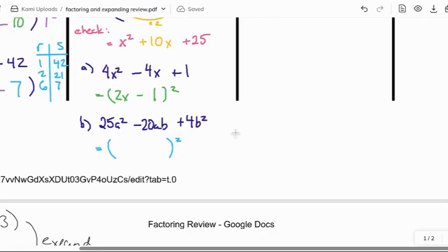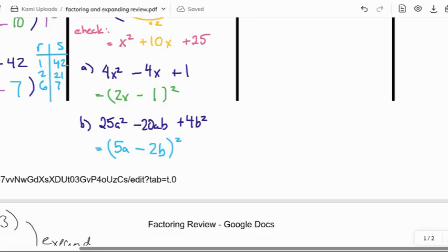I'm looking at this trinomial and I notice I got 25 and 4. Ooh, the first and last term are perfect squares. I wonder if it will work as a binomial squared. Is it a PST is the question. Is it a perfect square trinomial? 4b squared, well, the square root of that is 4b. If it's true, I'll put a minus in the middle.